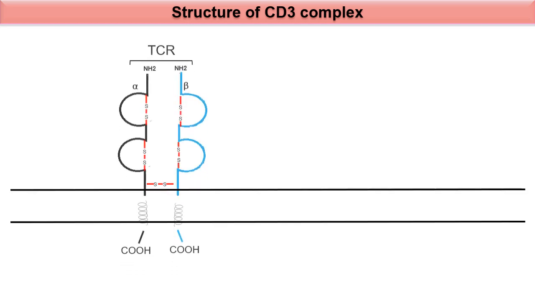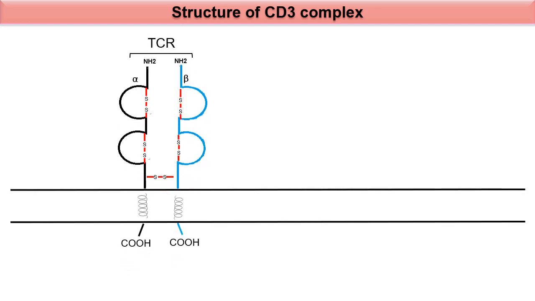Let's have a look at the structure of this CD3 complex. This is the alpha and beta chain of the T-cell receptor complex. The gamma chain of the CD3 complex contains an N-terminal extracellular domain followed by a transmembrane region containing a negatively charged aspartic acid group. This is the transmembrane region.